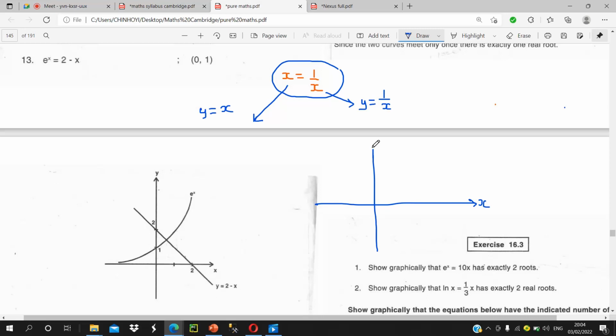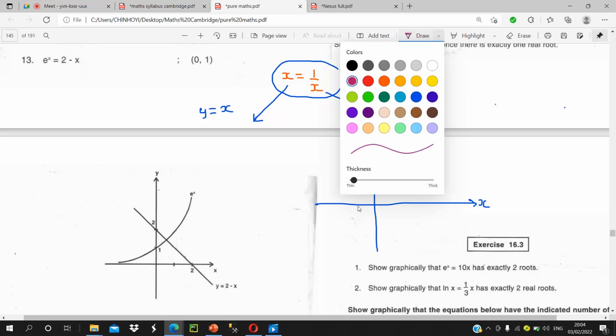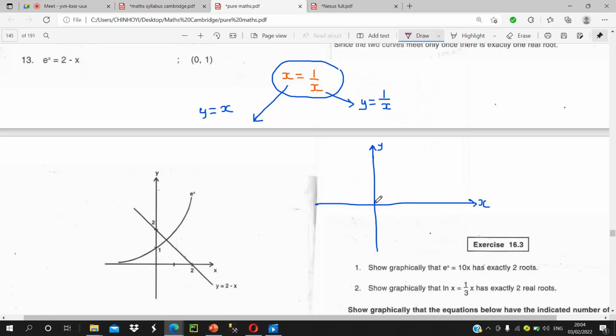Yes. It passes through the origin. So let's say this one is the graph for y equals x, which passes through the origin, right?